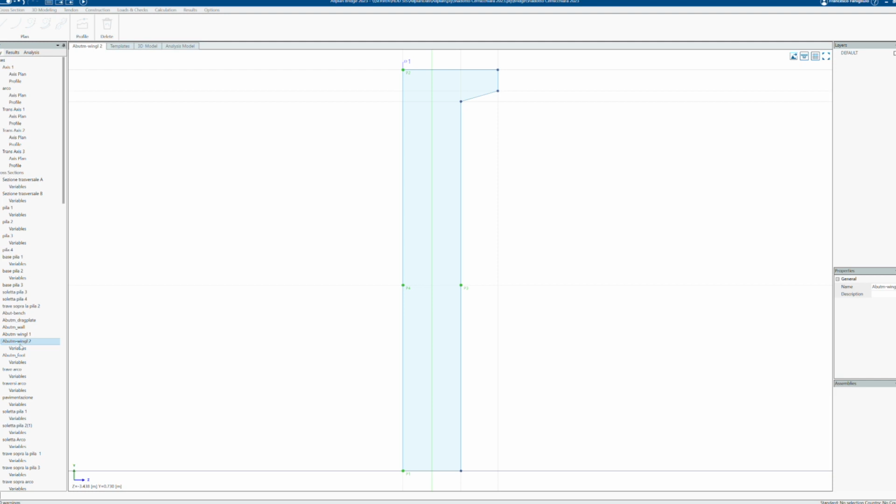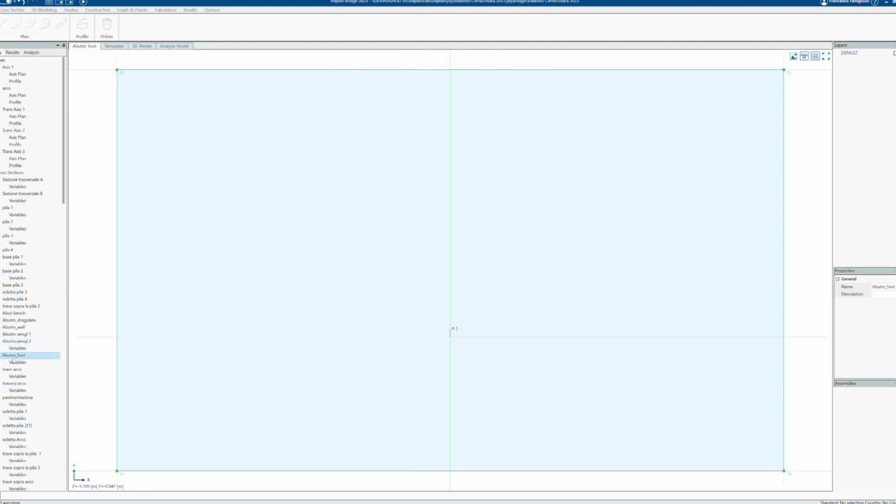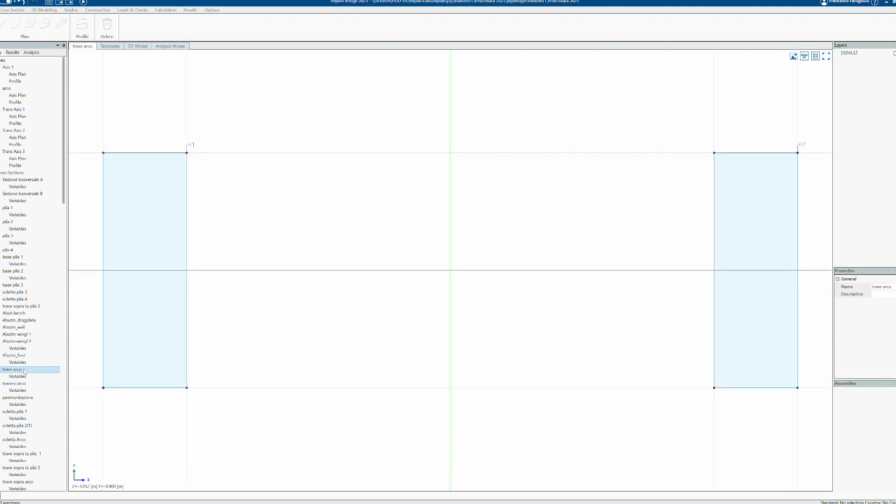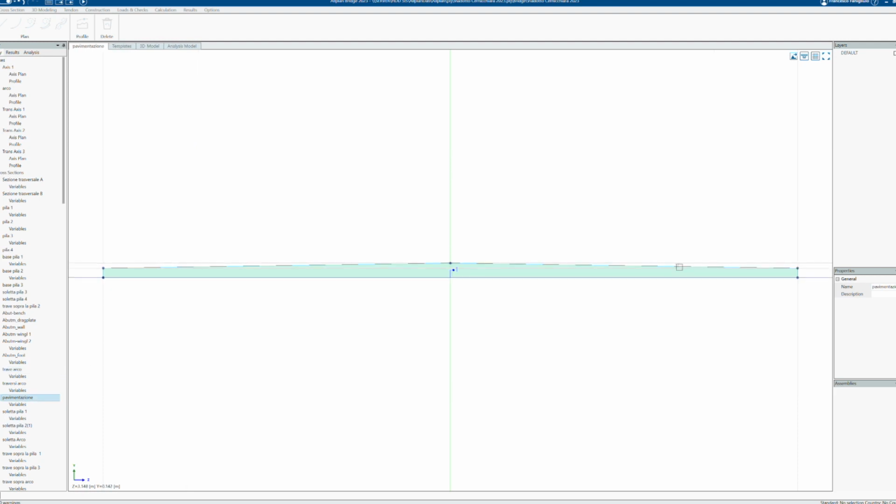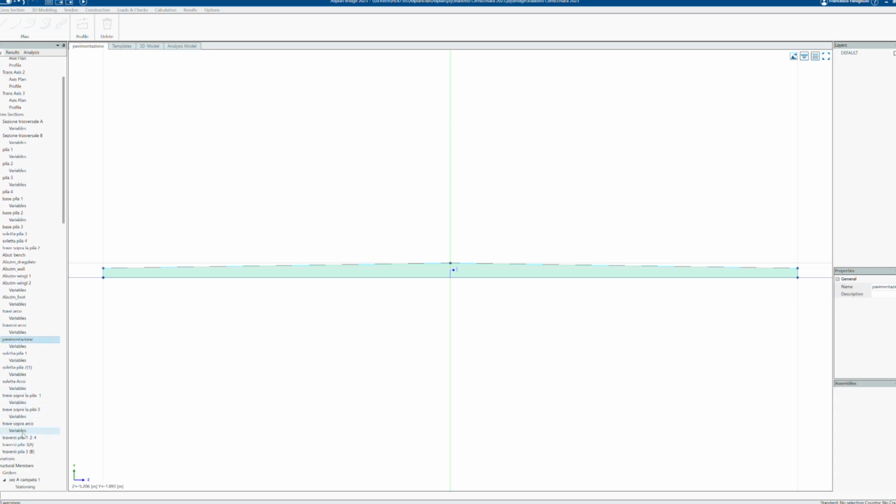Other elements, such as the abutments and their accessories, other than the section of the arch beams, were progressively defined together with the paving, the slabs, the transversal beams, and the heads of the pylons.